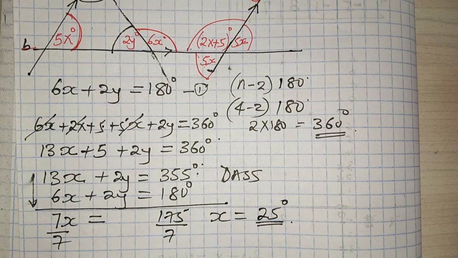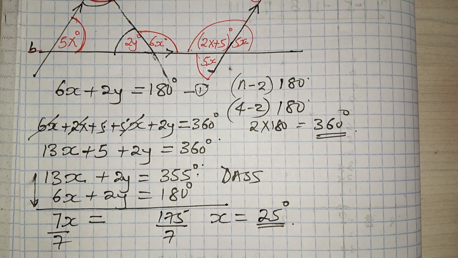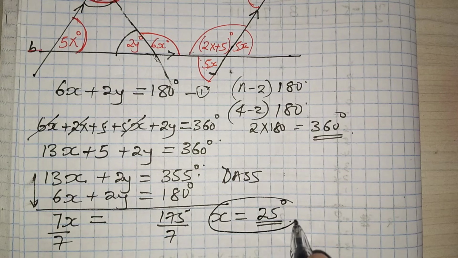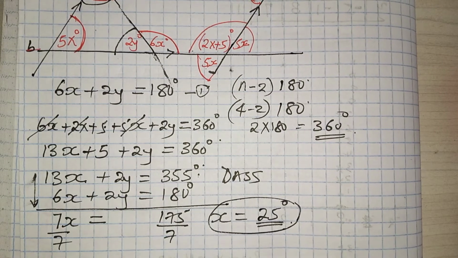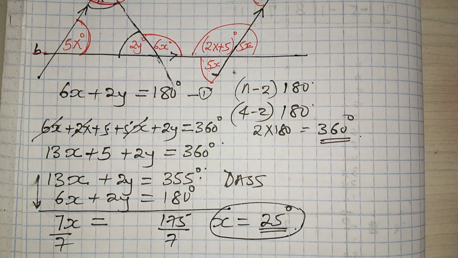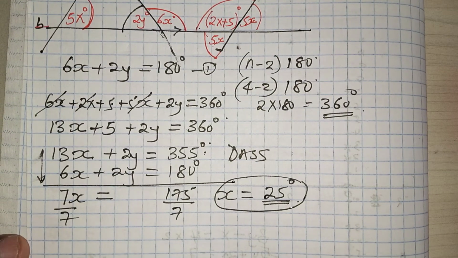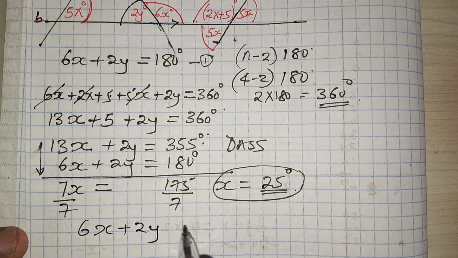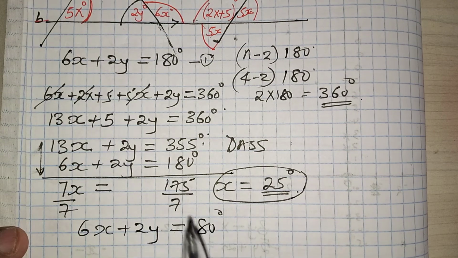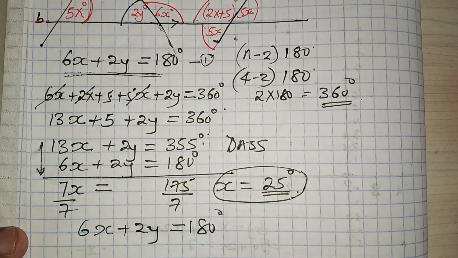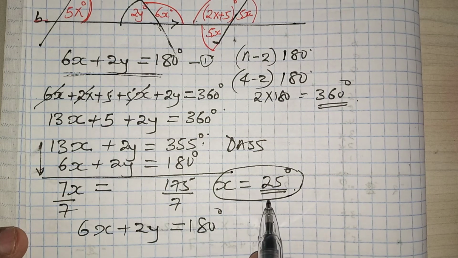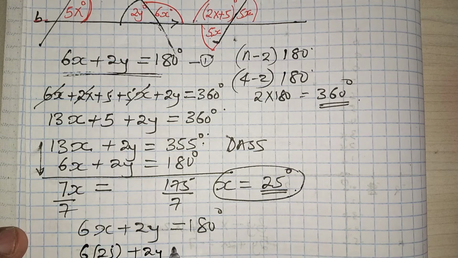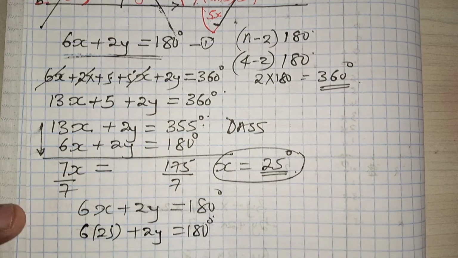Having realized that x is 25 degrees, we can substitute this value of x in any of the formed equations. Substituting in the first one, which is 6x plus 2y is equal to 180 degrees, and x is 25, so 6 times 25 plus 2y is equal to 180 degrees.